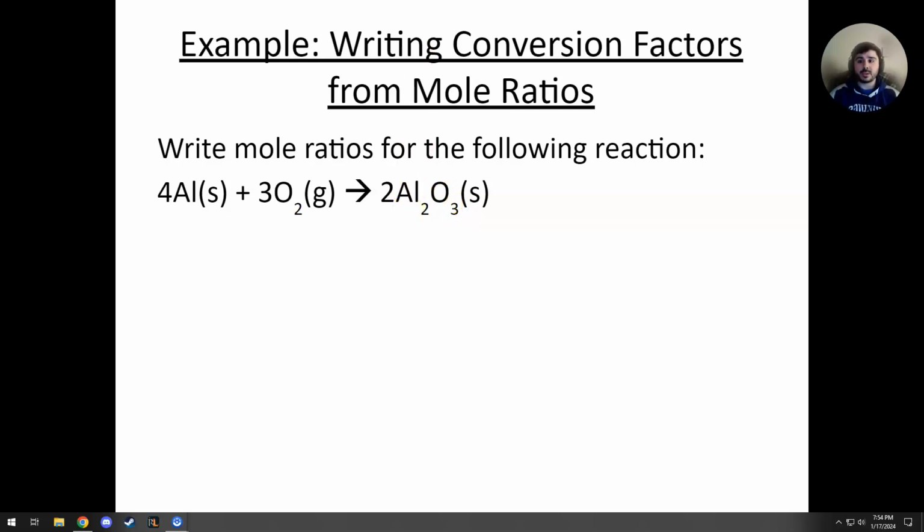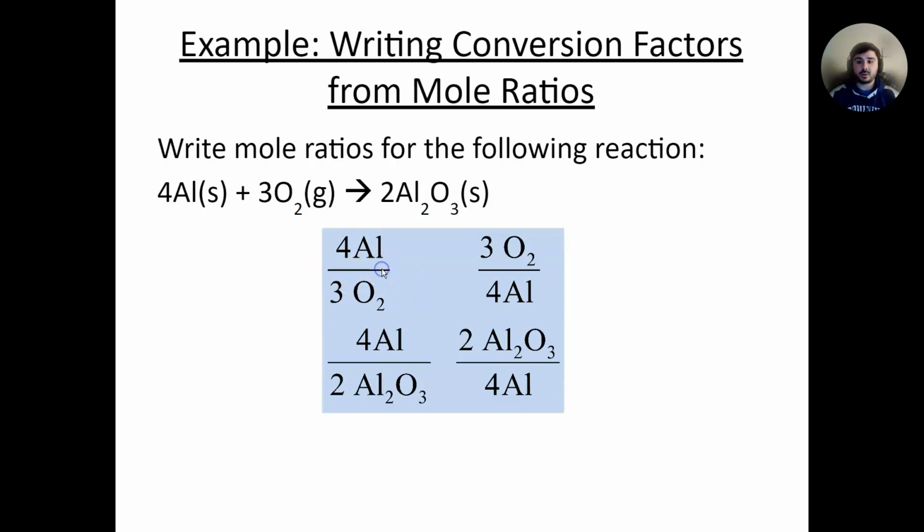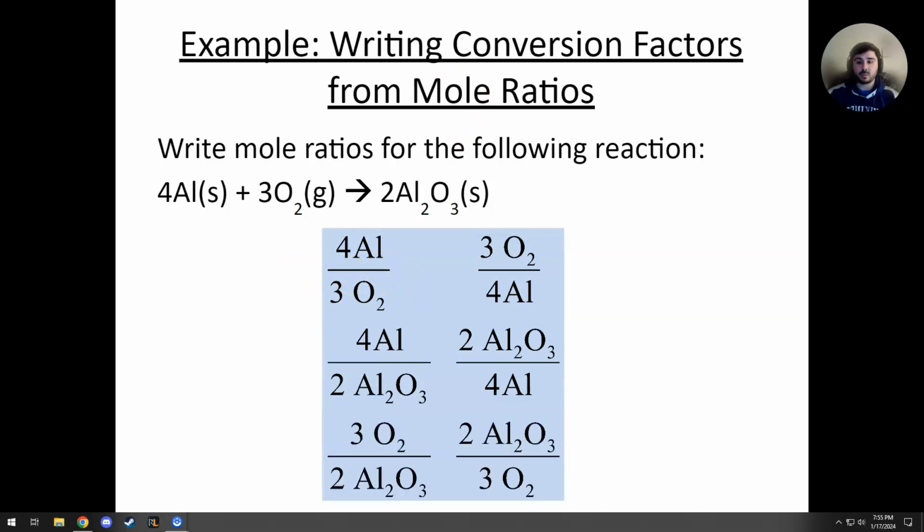All we're doing is taking these things, 4Al, 3O2, and 2Al2O3, and creating fractions out of them. We're setting things equal to each other and creating those unit equalities, and then the one unit equality turns into the two conversion factors. Working backwards, we set 4 aluminum equal to 3O2.